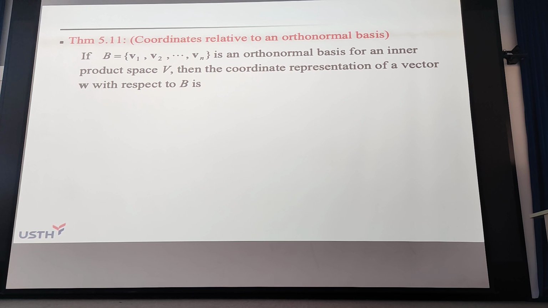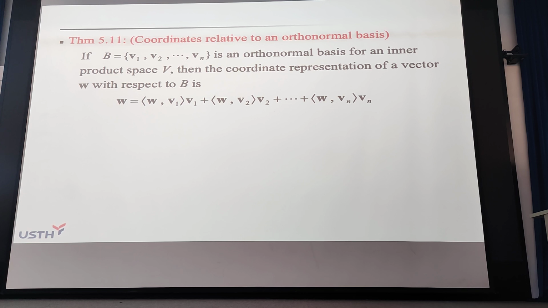Usually the coordinate is written in a column like that. However, in order to find the coordinate of a vector, you need to solve a system of linear equations. But in case B is an orthonormal basis, it is very, very easy to find the coordinate of any vector.